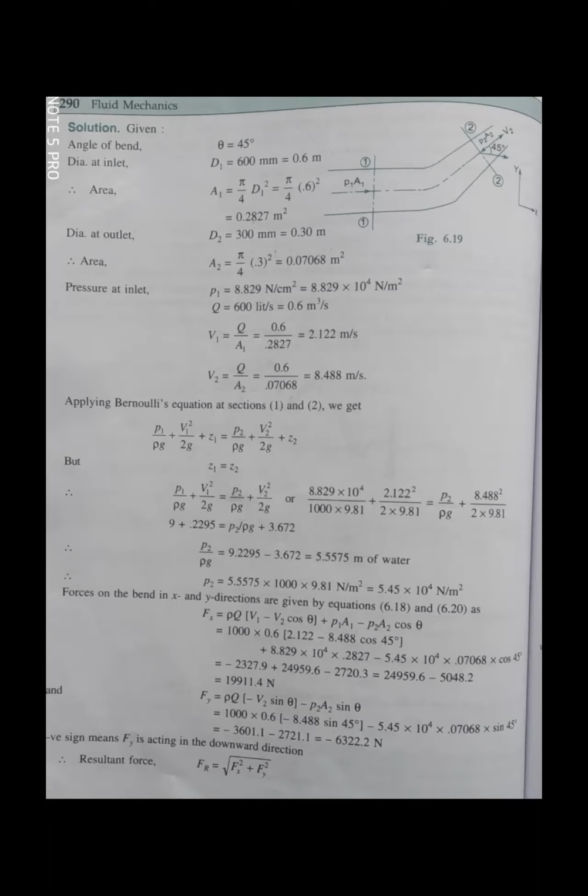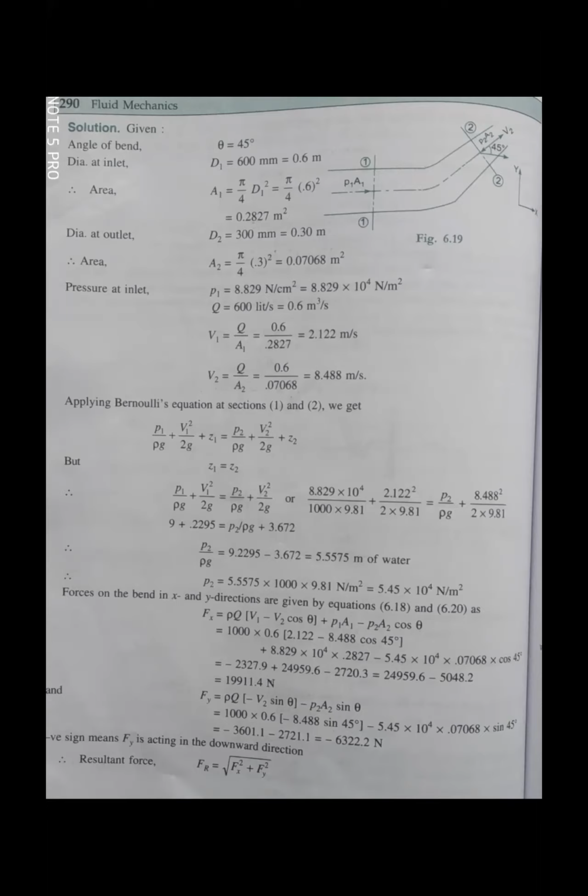In the earlier slide, we have shown. See, what I am telling you is instead of writing the equation directly as it is given in the books, you prefer writing the equation by force balance, equating the net force in the x direction to the net change of momentum in the x direction, and similarly equating the net force in the y direction to the net change of momentum in the y direction.